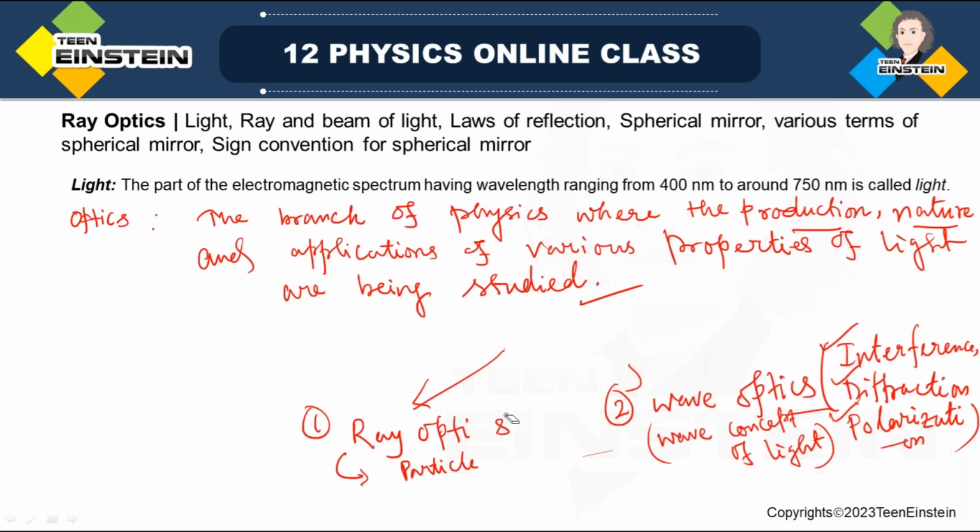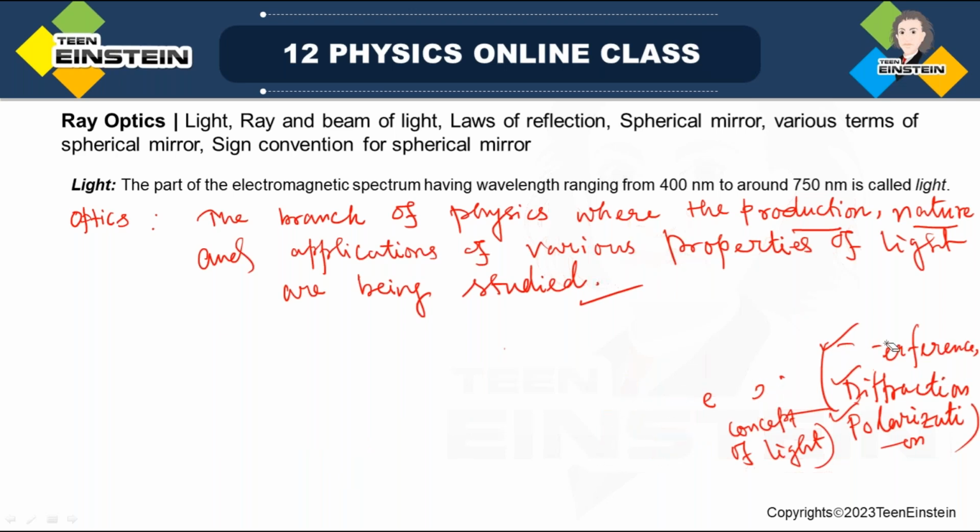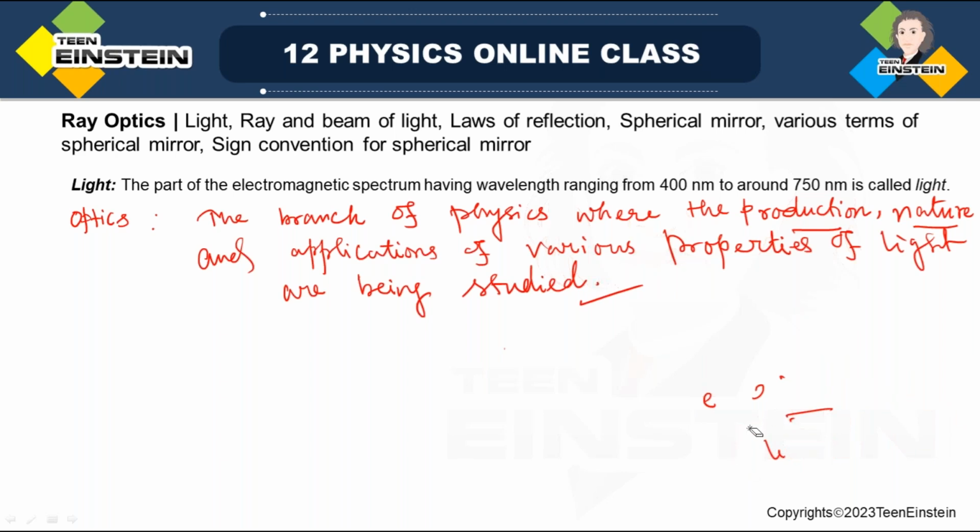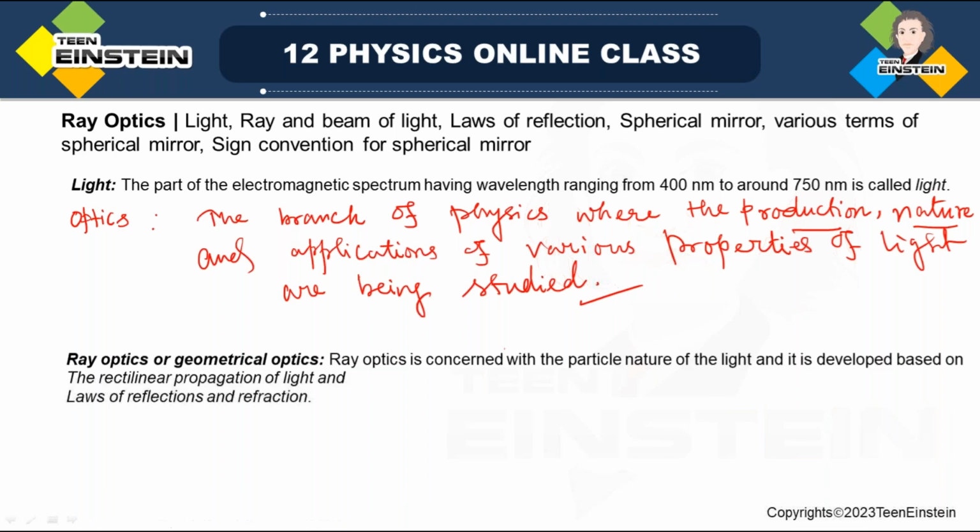So there are two branches of optics mainly. Again, in higher classes you will learn there is something called non-linear optics as well. But ray optics and wave optics are the main subdivisions.